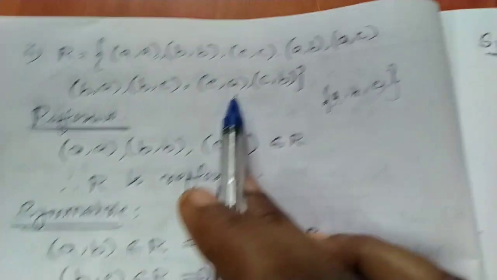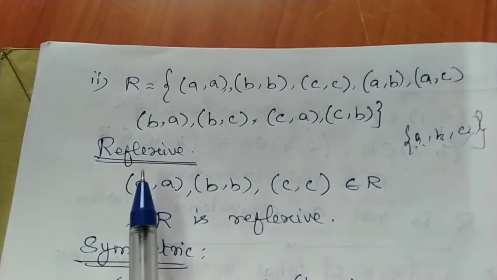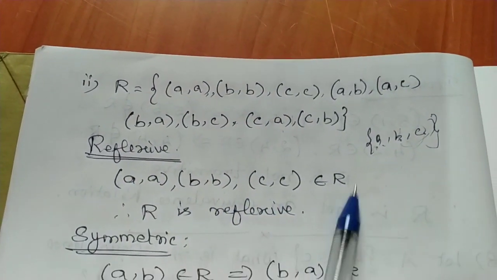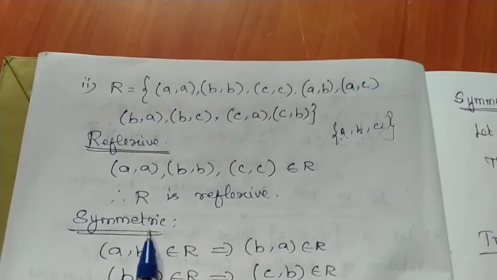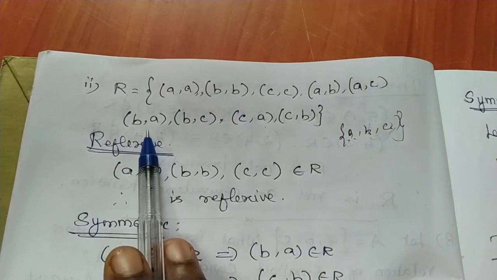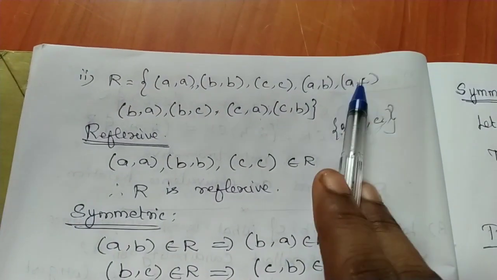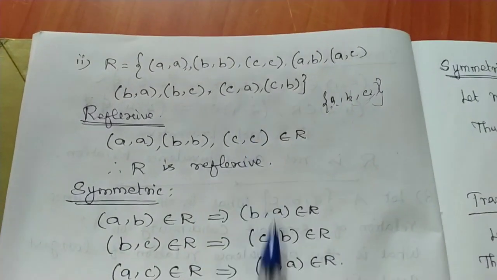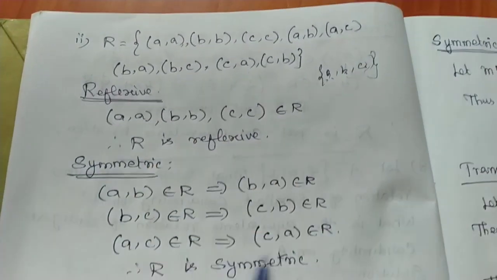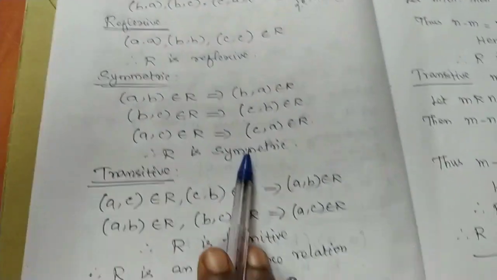Okay, take this. Reflexive: (A, A), (B, B), (C, C) belongs to R. R is reflexive. Symmetric: (A, B), (B, A) belongs to R. (A, C), (C, A) belongs to R. (B, C), (C, B) belongs to R. Therefore R is symmetric.